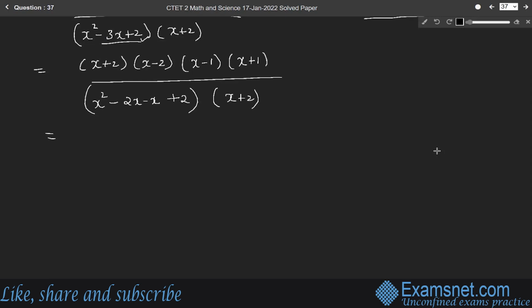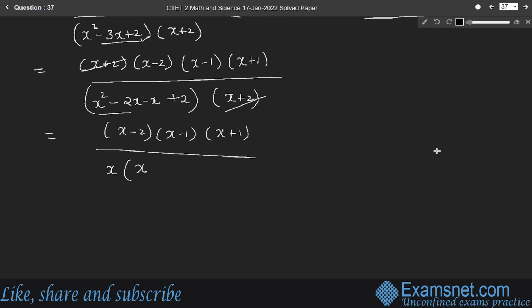So here you can cancel x plus 2 and x plus 2. So it becomes (x minus 2) into (x minus 1) into (x plus 1), whole divided by, so let us take x as common term, x into (x minus 2) minus 1 into (x minus 2).